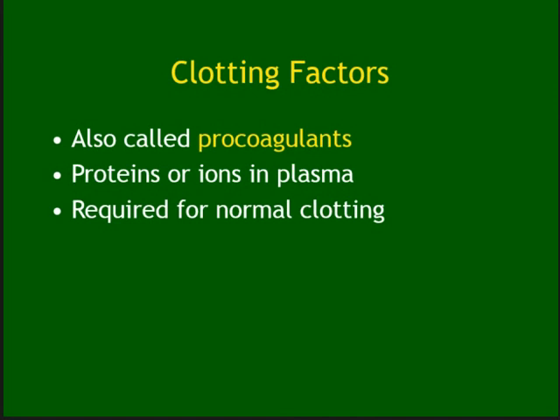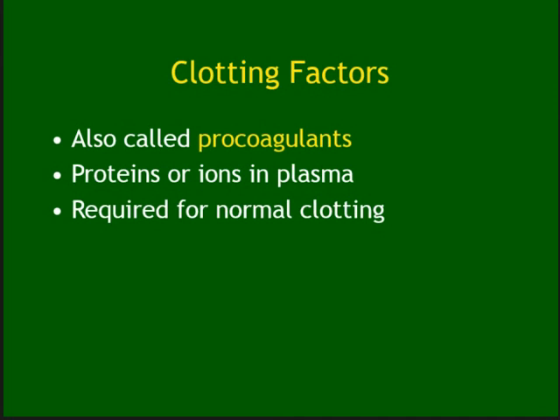What helps in this process is coagulating factors, which are called procoagulants. Pro means with or before. And this includes proteins and ions that will attract calcium, for example. Do you hear about some people having hypocalcemia? They don't have enough calcium and they bleed more.